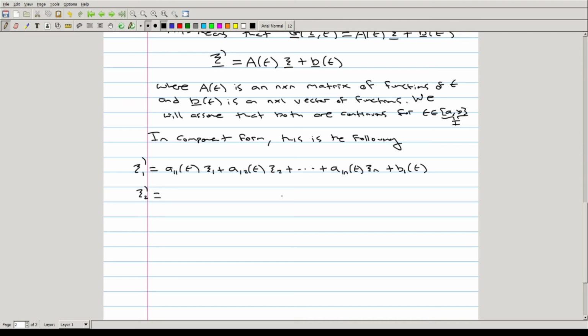xi2 prime will be a21 of t times xi1 plus a22 of t times xi2 all the way up to a2n of t times xi_n plus b2 of t.